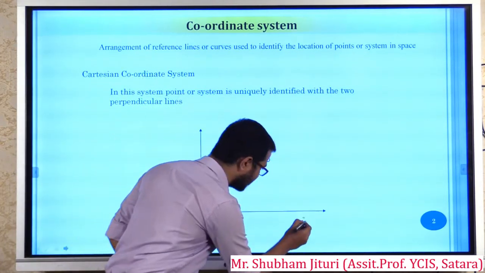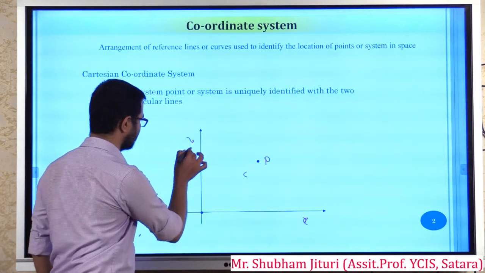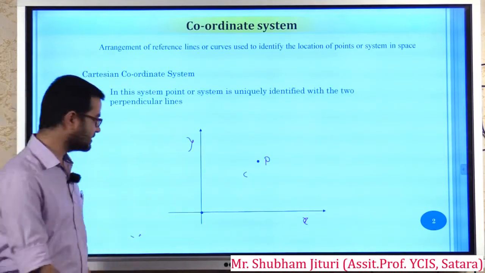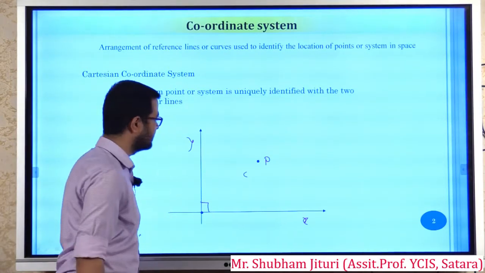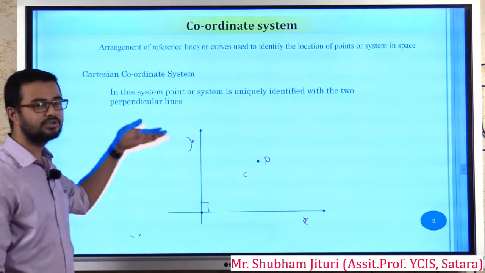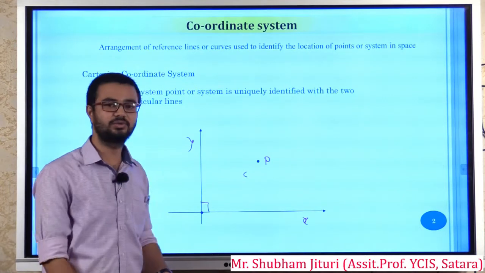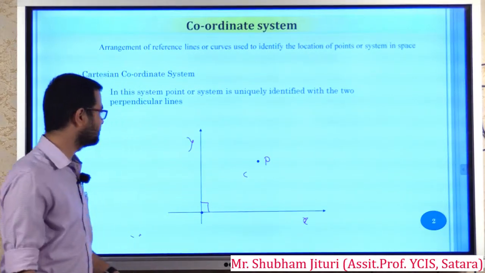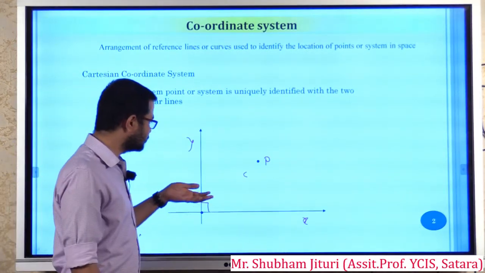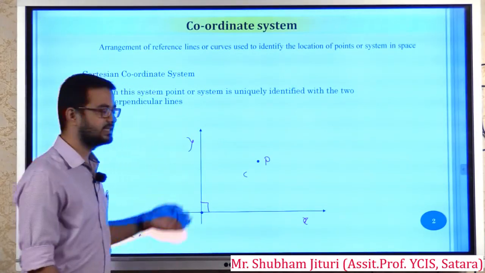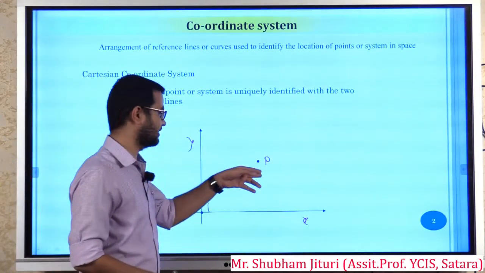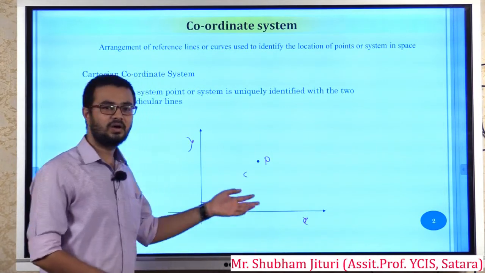This one you call the x-axis and this one the y-axis. Those two axes are perpendicular to each other. That's why this Cartesian coordinate system is sometimes known as a rectangular coordinate system. Now, using the x and y axes, I have to locate the position of this ant, or this point, on this plane.